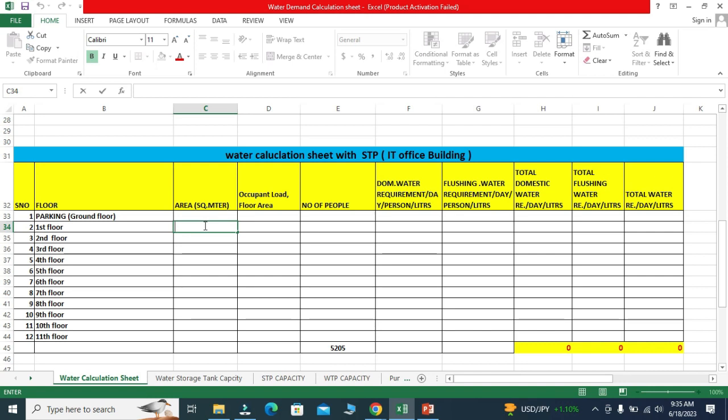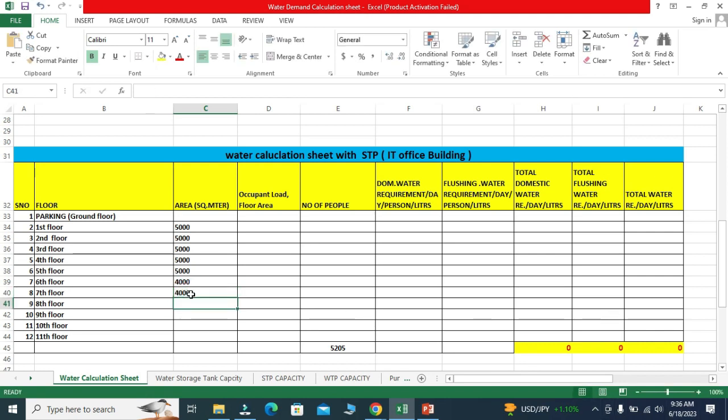So here I am considering the first floor as 5000 square meters. Then the second is as well 5000, third is again 5000, fourth is again 5000, fifth is again 5000. Then sixth is, let's say, 4000, then seventh is, let's say, 4000.